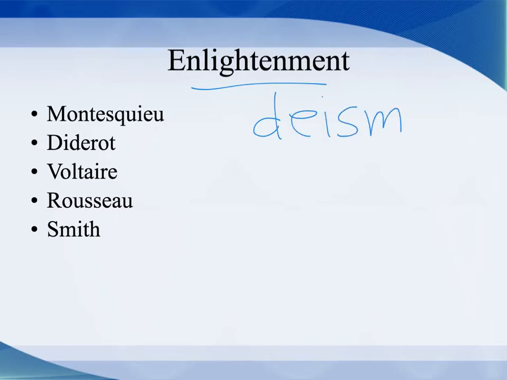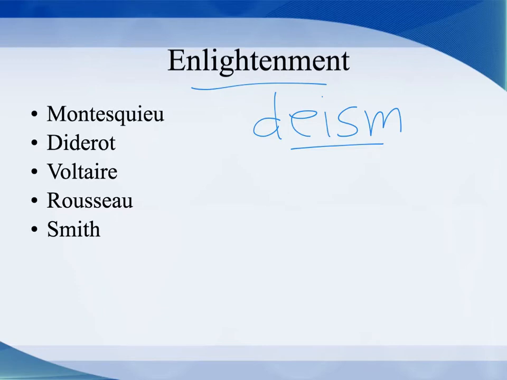And this is the belief that there was a creator, there was a God who created everything, but he just set the world in motion and then just kind of backed off and was watching things play out. And this is sort of the basis for deism. A lot of the founding fathers were actually deists as well.